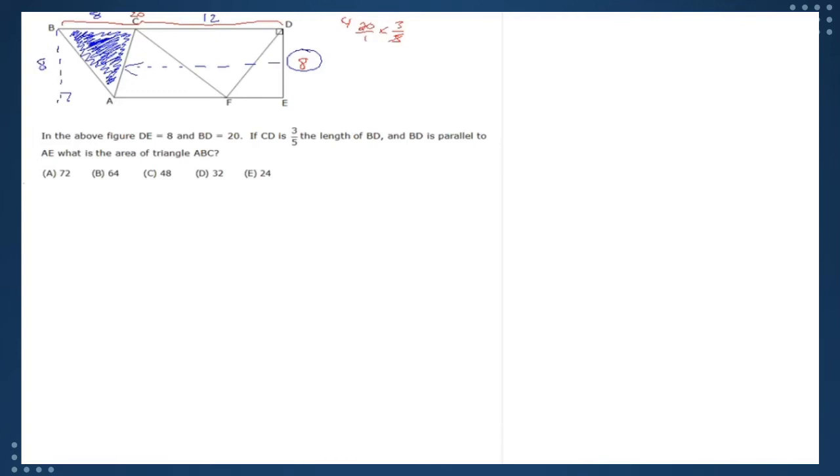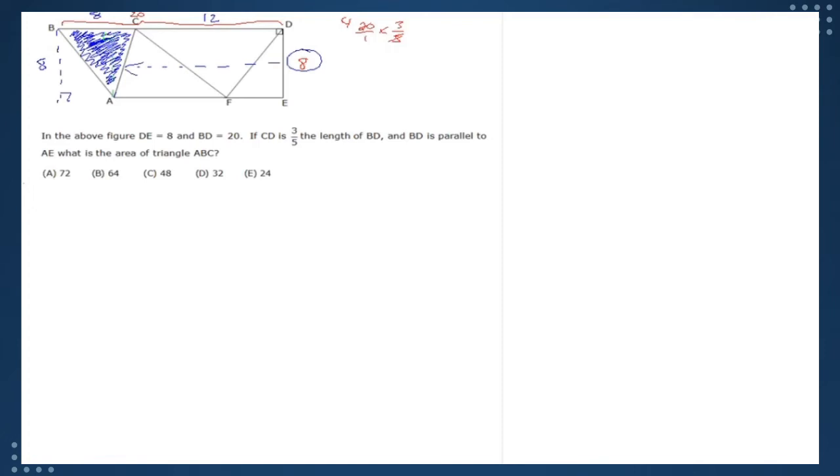Another way to look at it too is that the height can effectively be here, but it doesn't really matter. The point of this question is that the height doesn't necessarily have to touch the triangle that it's the height of, it simply has to represent it.